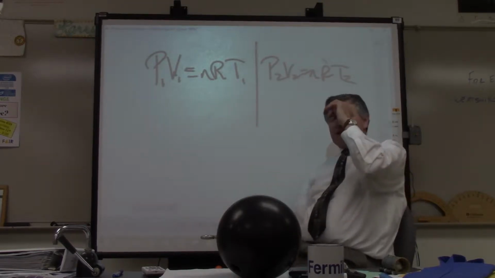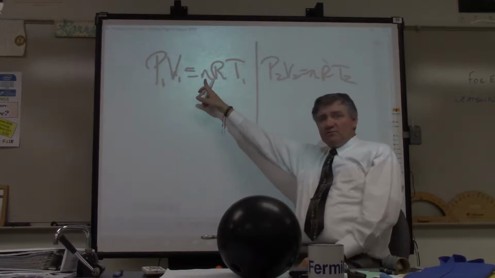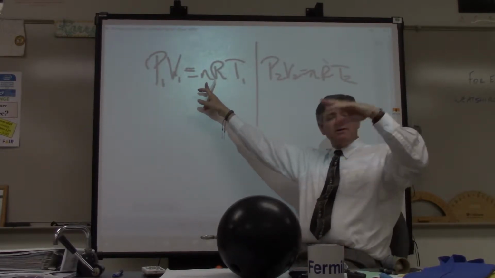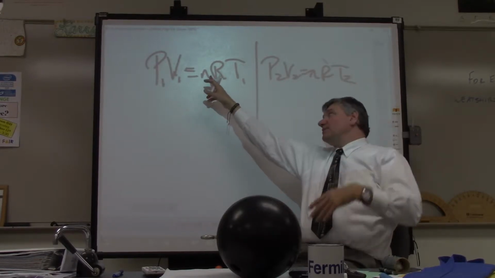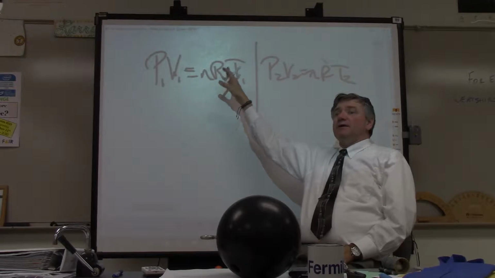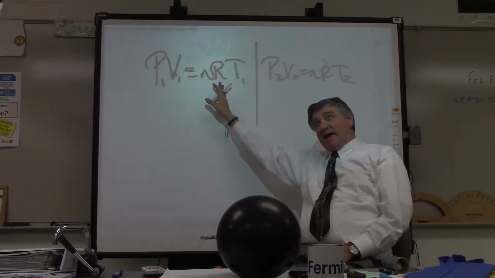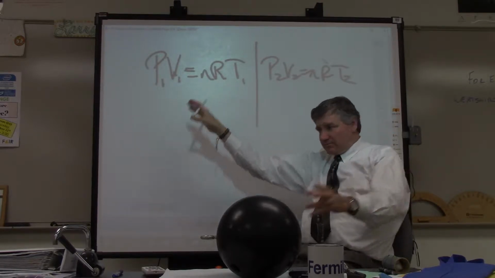And usually 99% of the time, the number of moles is going to stay constant, because unless you're introducing more particles into the system or you have a leak, n stays the same. R stays the same because it's the gas law constant, hence the term constant. It's not going to change, right?